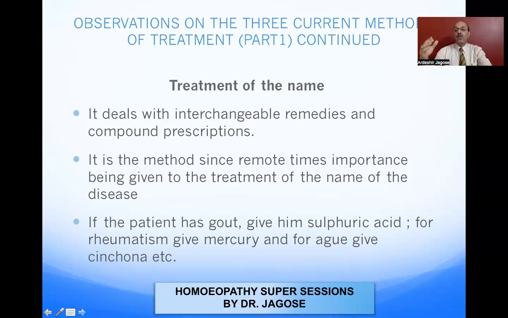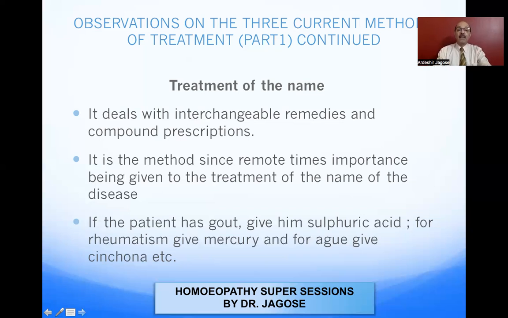The next one did not work, they gave the other one, and so on and so forth, and also compound prescriptions. Whereas not one remedy, but 1, 2, 3, 4, or many remedies were put into a bottle and given to the patient. So in one bottle, you're getting 5 or 6 remedies, and the patient is taking that. That is known as a compound prescription.